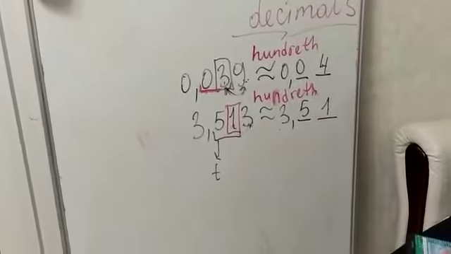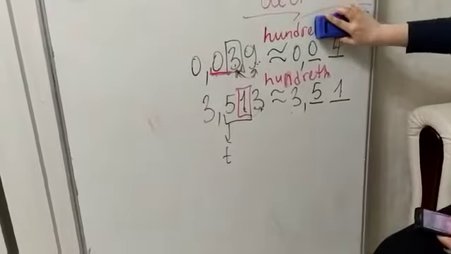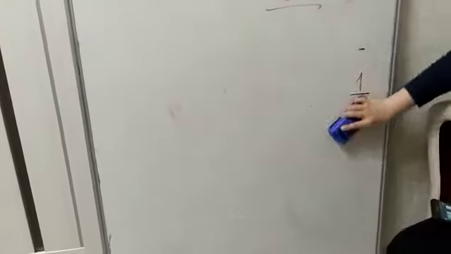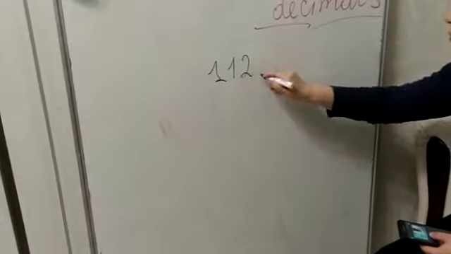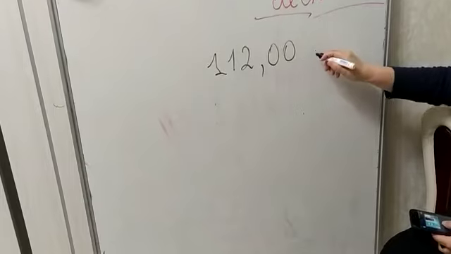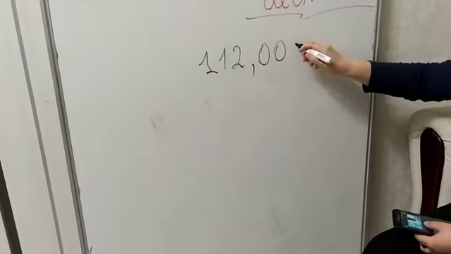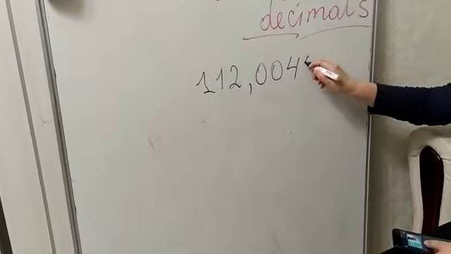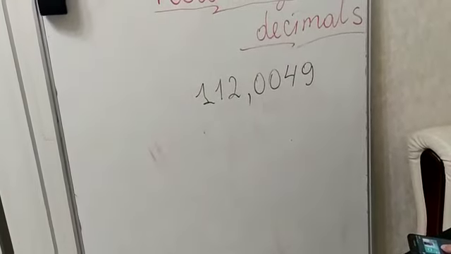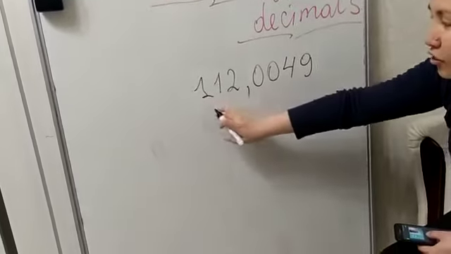Now let's see the next number, for example 112.0049. This is a big number whose whole part is a 3-digit number.